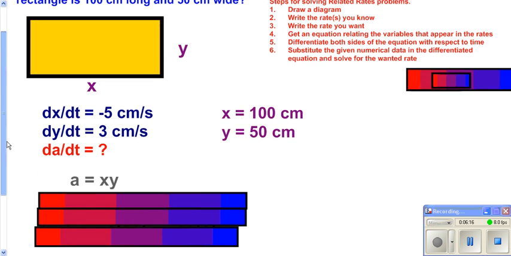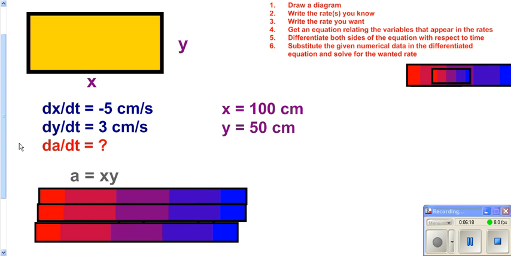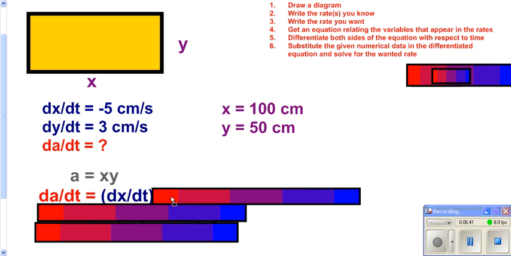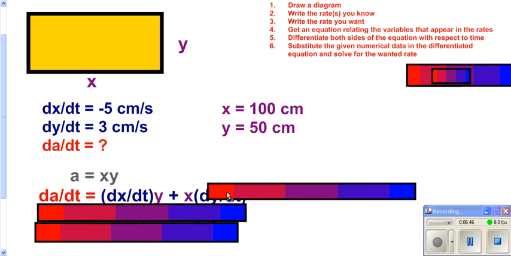But for right now, we don't want to plug in those numbers because these are variables, they're changing side lengths. After we've taken our derivative, then you can plug those in. Take the derivative of both sides with respect to t: the derivative of A with respect to t equals, and then on the right side it's really a product. You're multiplying things together. So the derivative of x with respect to t times the second, plus the first times the derivative of the second.